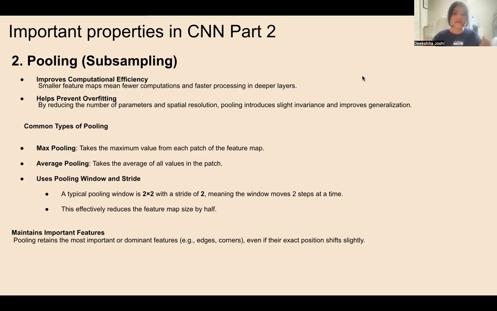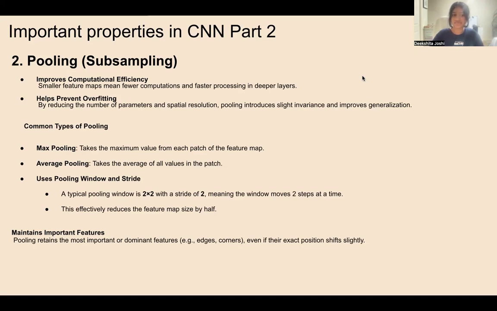Again, math. It uses a pooling window and stride. A typical pooling window is 2 by 2 with a stride of 2, meaning the window moves 2 steps at a time. So stride is basically steps. This effectively reduces the feature map size by half. So that's very cool. It maintains important features.